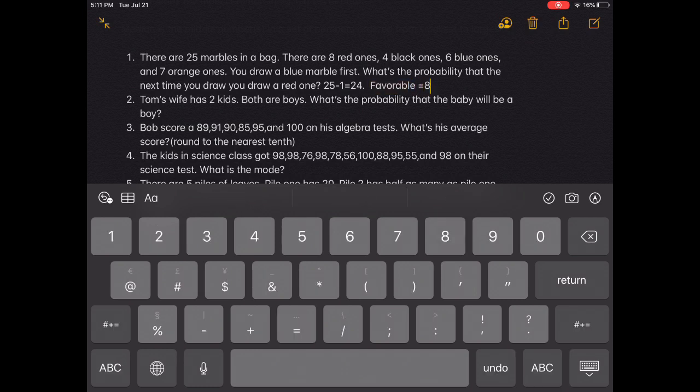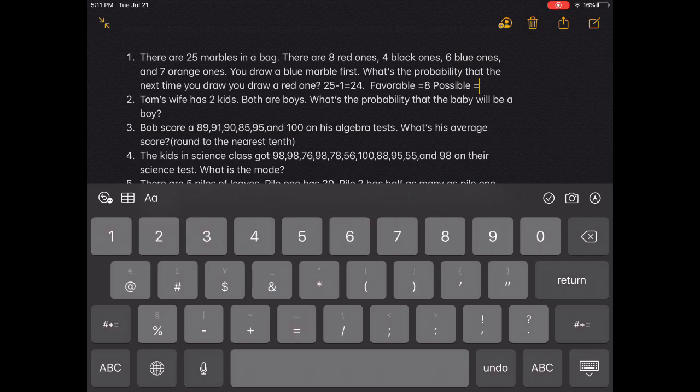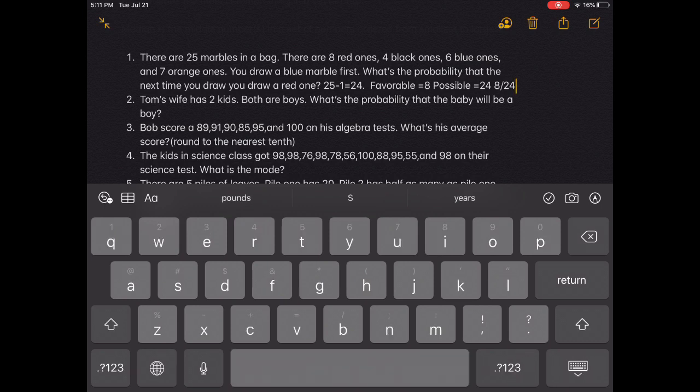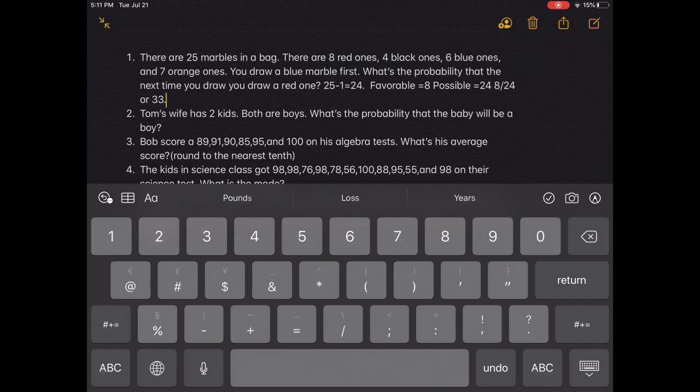If you read the stuff at the description, top, whatever you want to call it, you learned that the probability means the favorable outcomes divided by the possible outcomes. In this case, the favorable outcomes is 8 because there are 8 red ones, and the possible is 24 because there are now 24 marbles because we drew a blue one already.